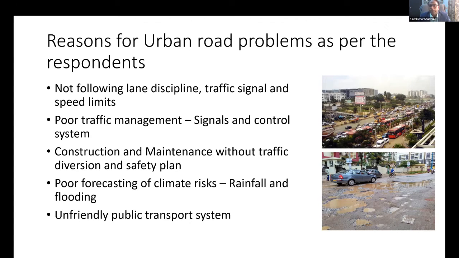They did not understand the type of traffic and immediately planned construction or maintenance works, which becomes a bottleneck. Current metro construction is a major problem in Bangalore. On climate risk, there is a lack of forecasting and risk simulations, and also unfriendly public transportation. Metros are now being developed, but public transport is still far from widely used. That's why people prefer using their own transport.